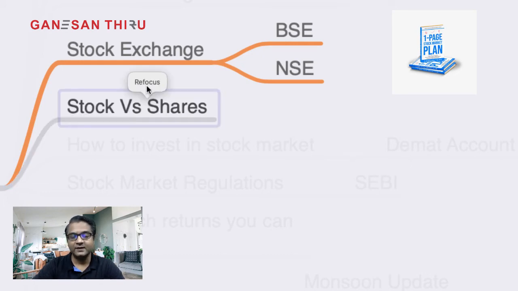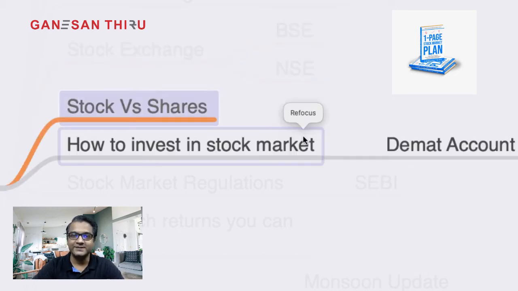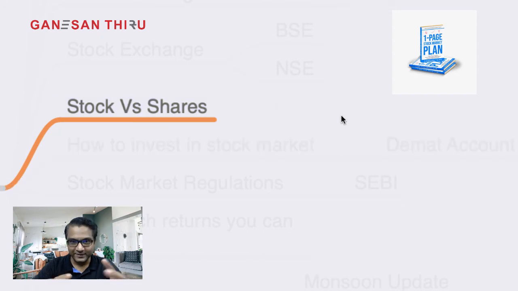And the next thing is the difference between stocks and shares. Ideally, there is no big difference at all. Stocks and shares are almost interchangeable. Stock is a particular set of shares, for example, large cap stocks, mid cap stocks. But for an individual company, we call them shares: LNT shares, ITC shares, Britannia shares.